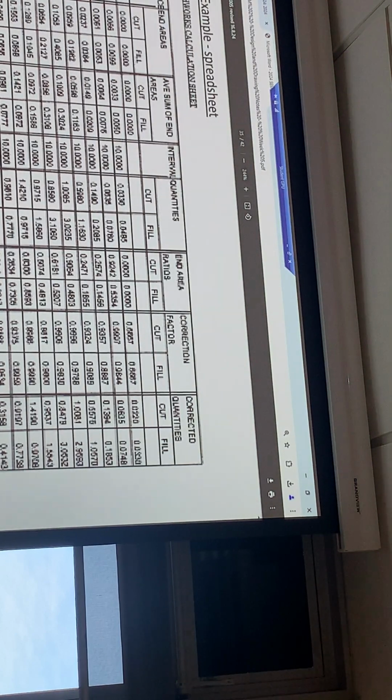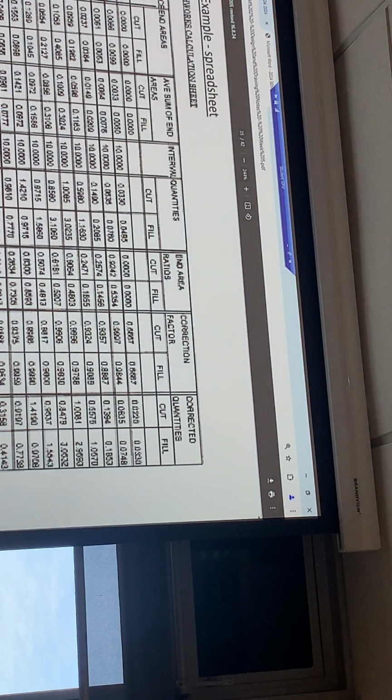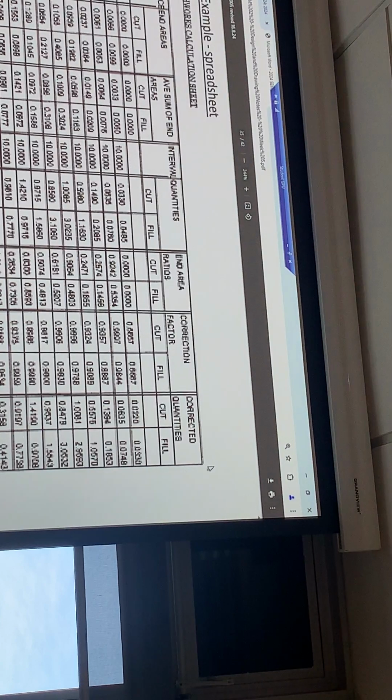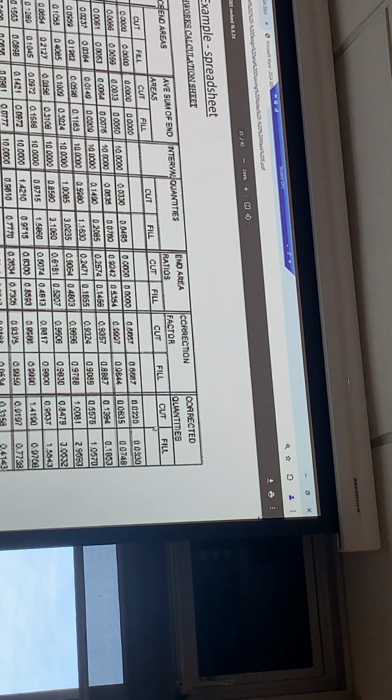We have the interval, and it'll calculate right down the bottom there the balance of cut and fill. It goes through a process of calculating the end area, the correction factor, and then the final corrected quantities. I only need to see that bit there on your assignment. So it's only a case of highlighting it, right mouse copy, into CAD, right mouse paste. Or Control C, Control V.